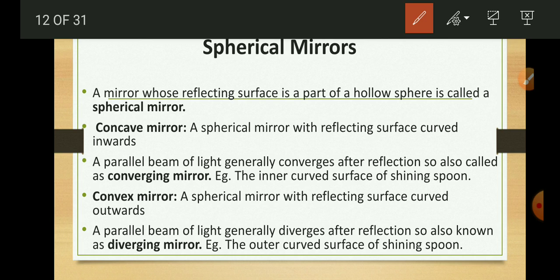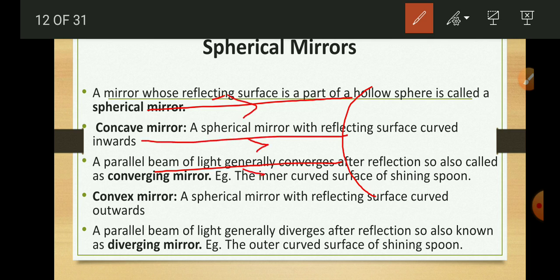Next is the convex mirror. A spherical mirror with reflecting surface curved outward is called a convex mirror. A parallel beam of light diverges from a convex mirror, and so this mirror is also called a diverging mirror. We can see here that when parallel rays are incident on a convex mirror, the rays after reflection get diverged.